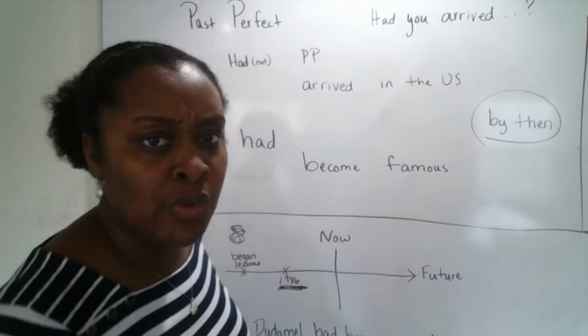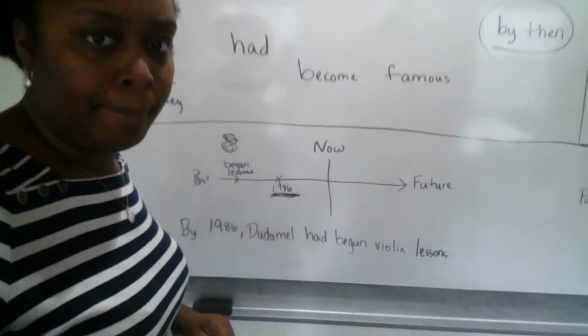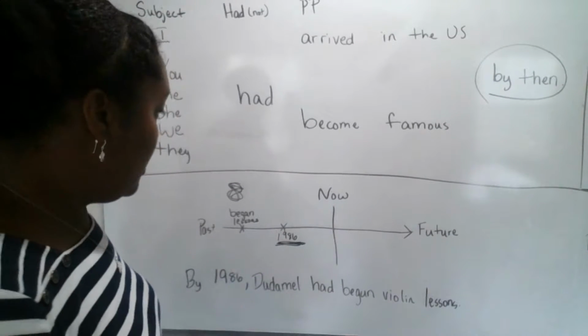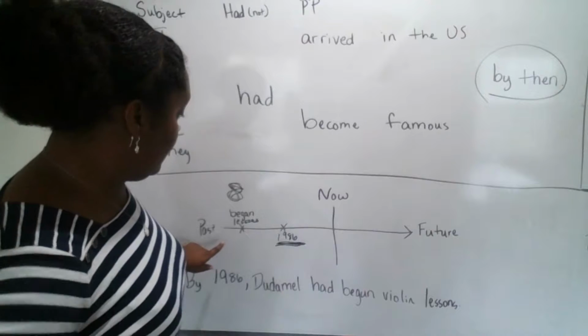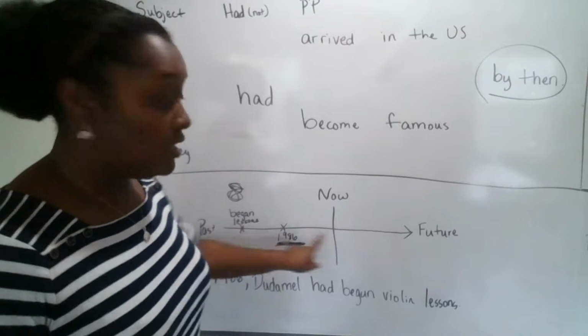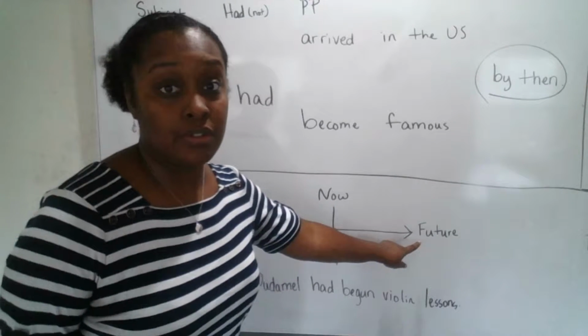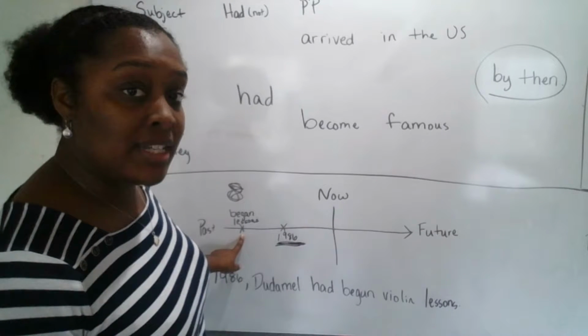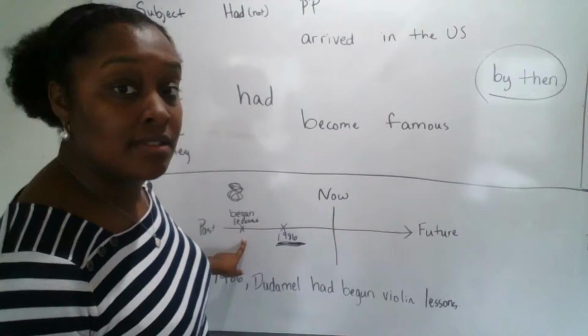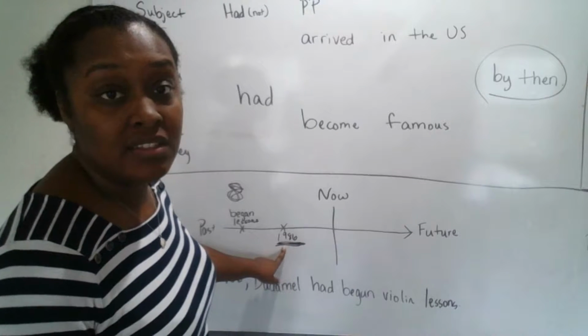Let me show this to you on a scale here. I don't know if you can read it, but this is the past, now, the present, and the future. We have one time that says begin lessons, and then we have 1986.